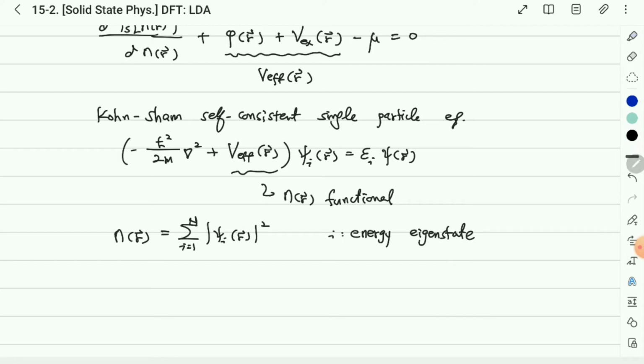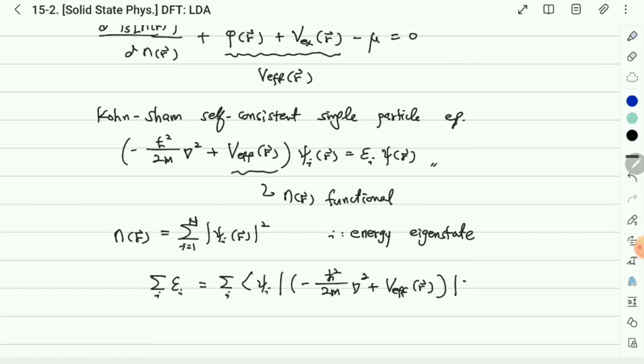Also, all the energy terms can be written down for the expectation value of phi_i. Here is the kinetic energy term from this Schrödinger equation, which is minus h bar squared over 2m del squared plus the effective potential, and psi_i.